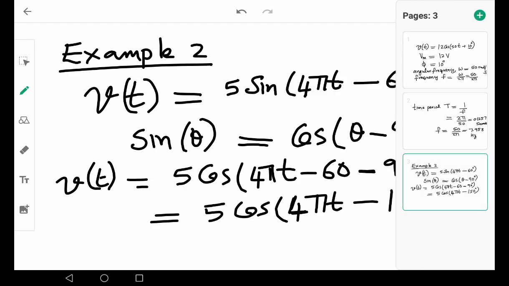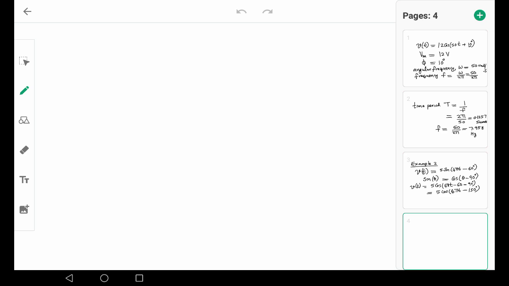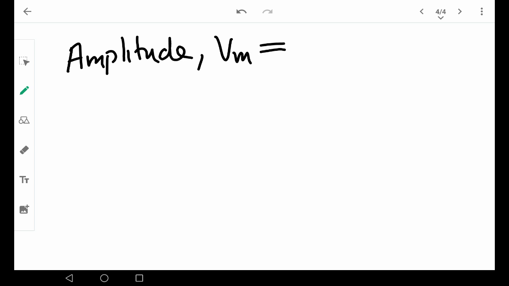Now finding out the different values is very simple. The amplitude Vm equal to 5 volt, right?